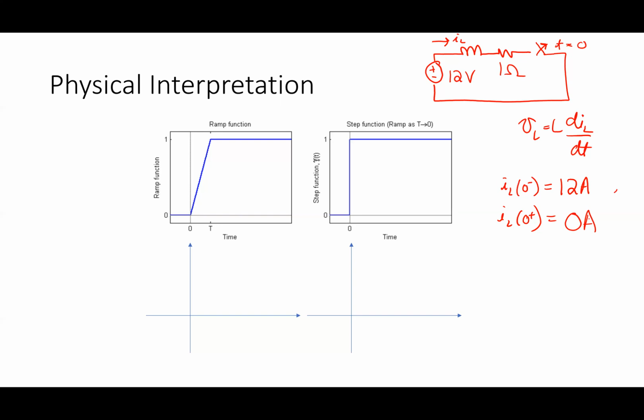Now, why is that? Because what's the voltage going to do across that inductor? It's going to become infinite. Right? So how do I know that? So if I think about what the current looks like here, if I looked at t equal to 0, the current would be going 12 amps and then somehow going to 0 amps like that. And I know that VL is the derivative of it.